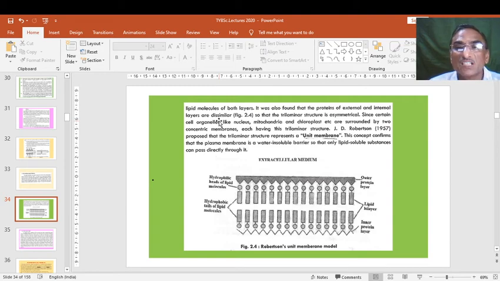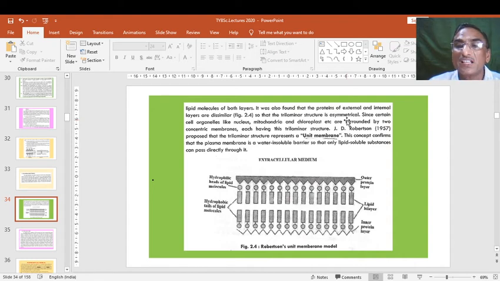It was also found that the proteins of the external and internal layers are dissimilar. Even though the molecular arrangement is the same, the structure is not the same. It varies according to the animal or the organ. So the trilaminar structure is asymmetrical, meaning there is no similarity.